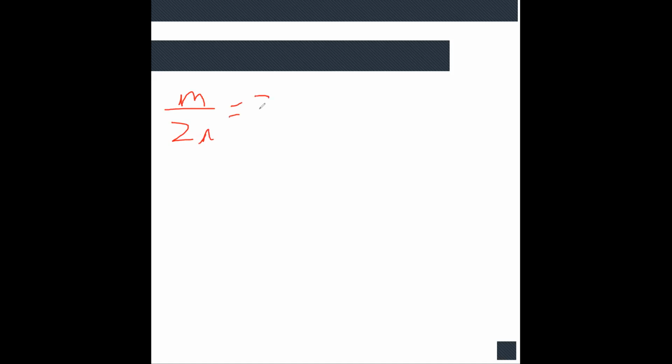Right? So, they're asking us for what n over 2m is. So, as he said, we get rid of the 2 here in the denominator by multiplying both sides by 2. We get m over n is equal to 4, right?